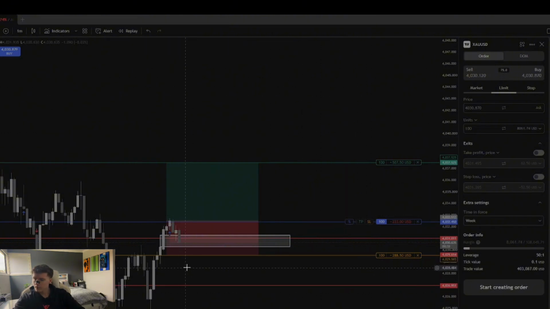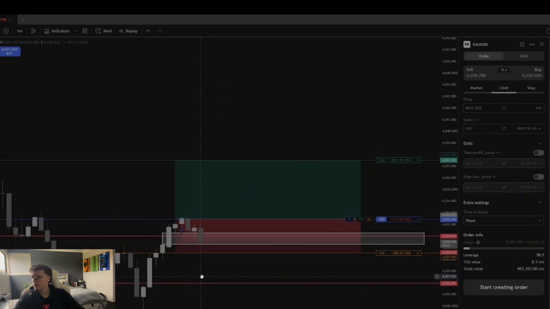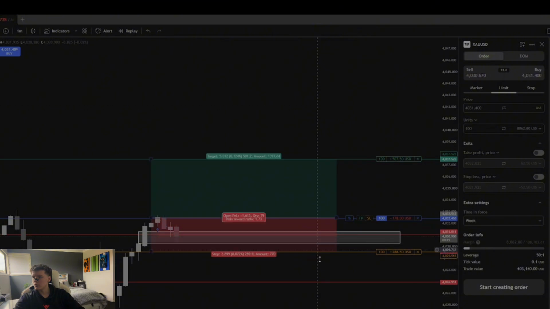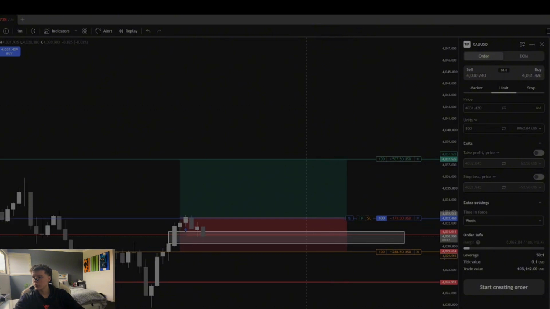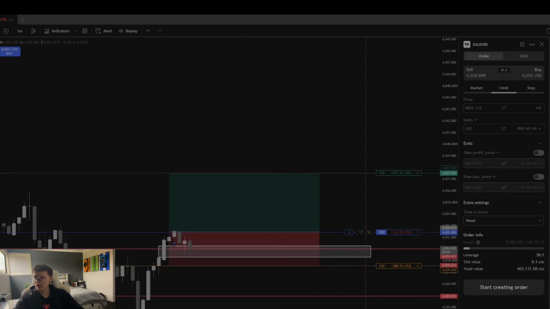Okay. So this fair value gap is currently being filled, and then I'm assuming price is going to continue going bullish, but I definitely should have waited for this confirmation here in seeing how price reacts to this fair value gap.